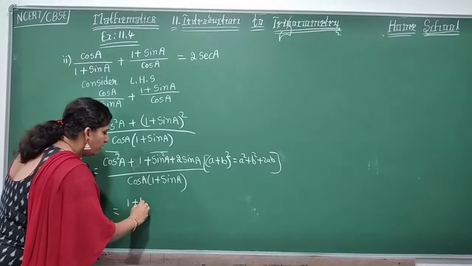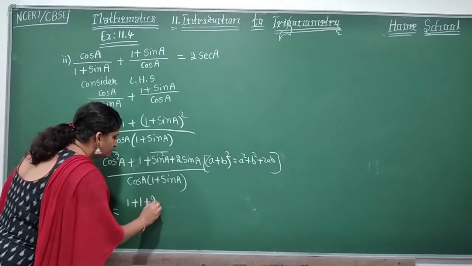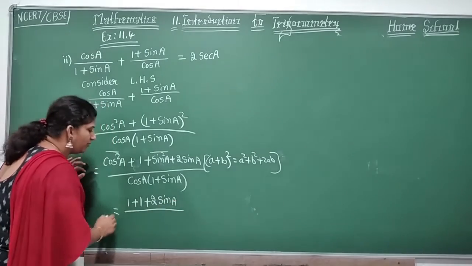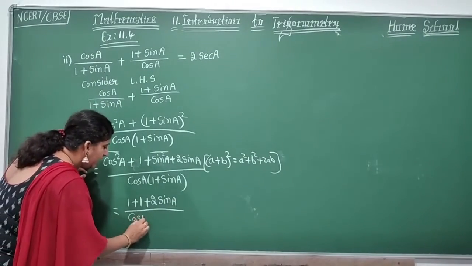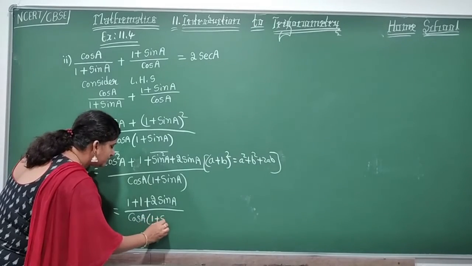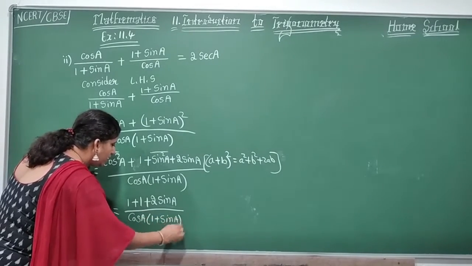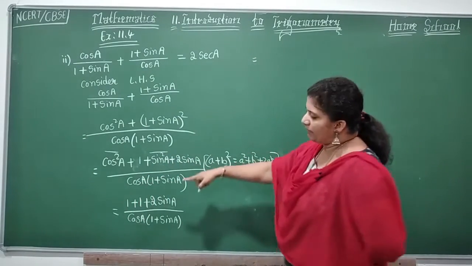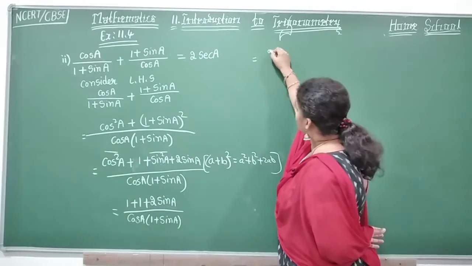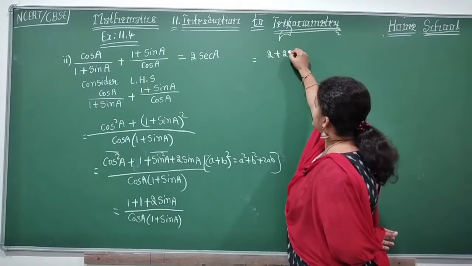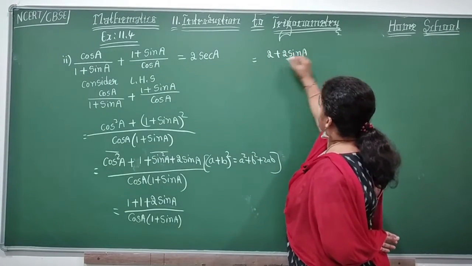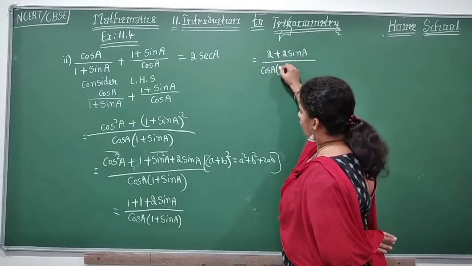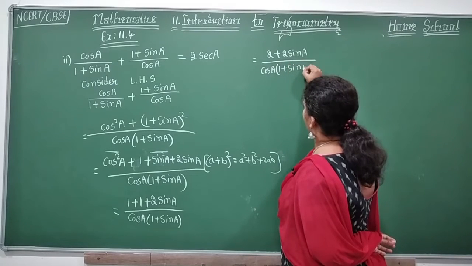What do you have here? 1 plus 2 sin A whole divided by cos A into 1 plus sin A. Okay. So now look over here. 1 plus 1 will be how much? 2 plus 2 sin A by cos A into 1 plus sin A.